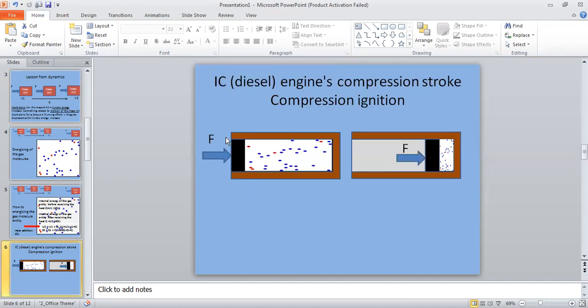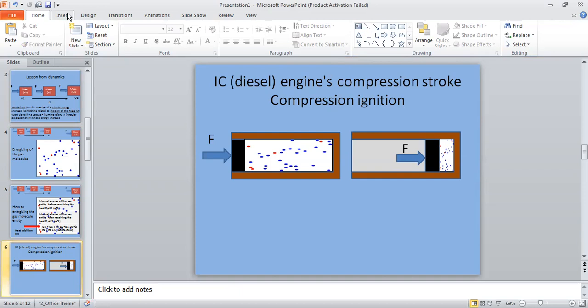Now here, there is work done. Work done on the gas molecules takes place here. So the gas molecules together receive this work done.